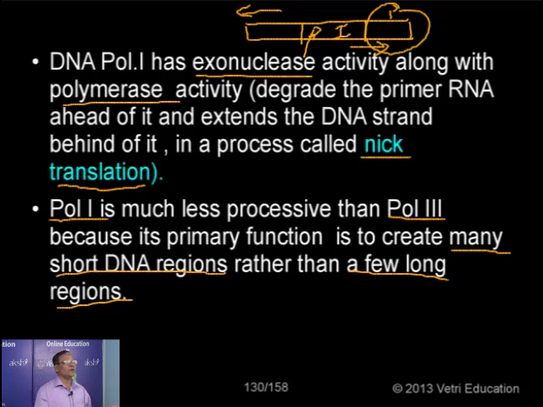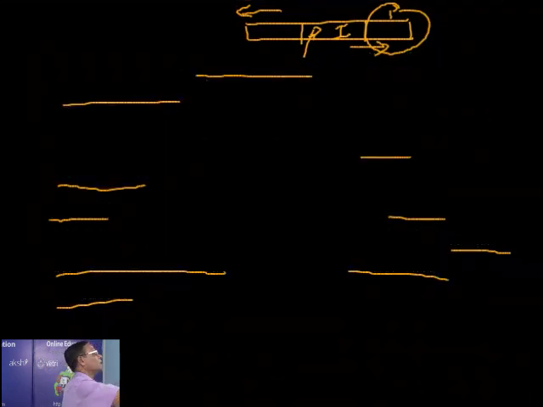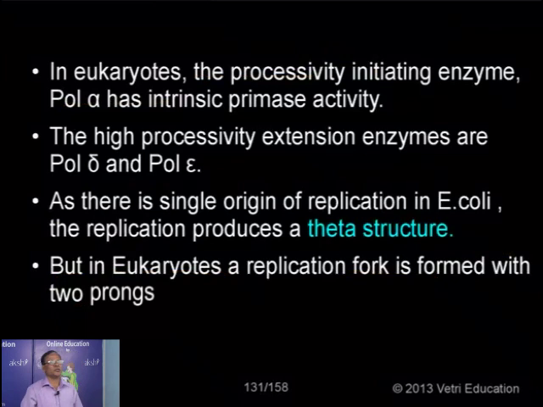So indirectly we can say polymerase 1 is less processive, producing the discontinuous strand, whereas DNA polymerase 3 is highly processive because it produces long strands of DNA. So these are some of the multiple roles played by DNA polymerase.